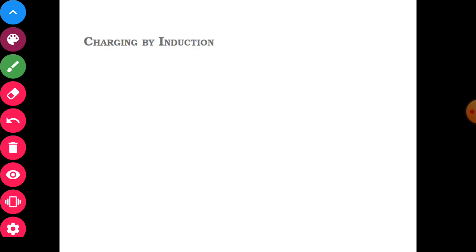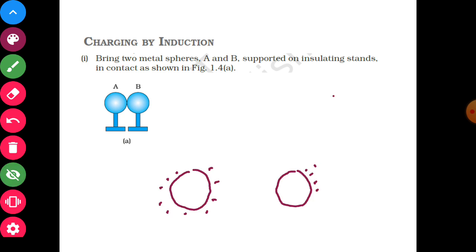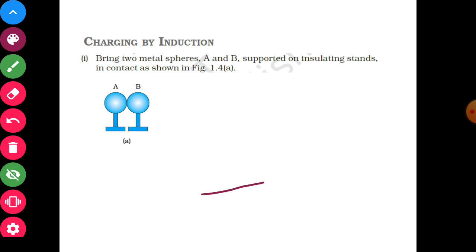Charging by induction. This is a process. We have two metal spheres, A and B, and they are on insulated stands. They are brought in contact as shown in this figure.